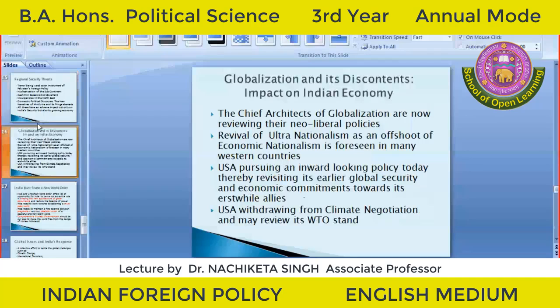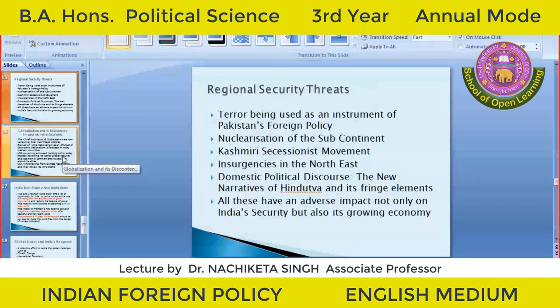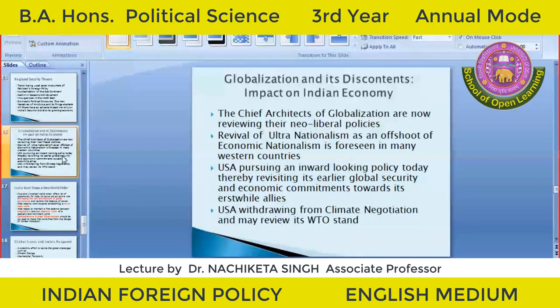But since, as I told you, India was not a very self-sufficient country, it had to fall back upon the outside world, and the outside world now had a new system based on globalization, in which India had to interact.